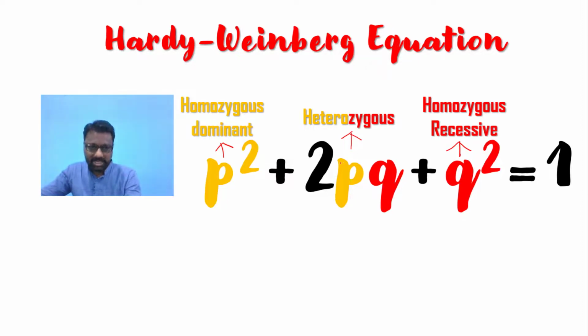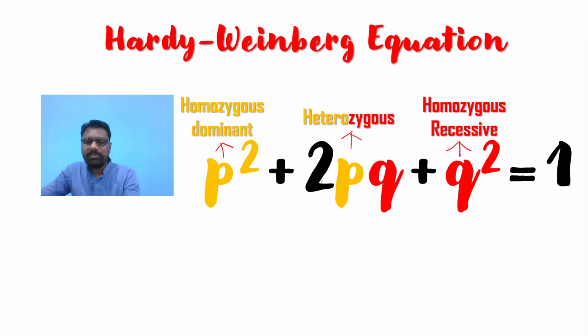So the equation represents p square as homozygous dominant genes, q square as homozygous recessive genes, and 2pq as heterozygous genes in the population.